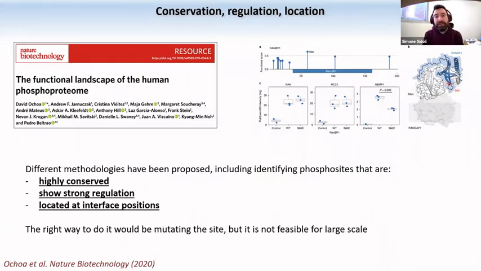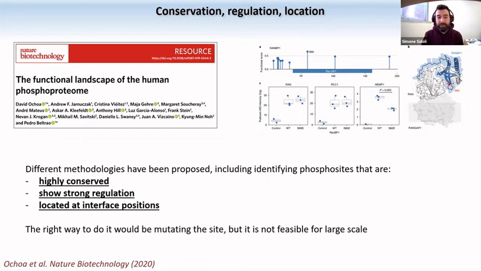It's obviously a little bit arbitrary how you rank phosphorylations that are more likely to have a function, but these are some of the parameters they used to tell which modifications are probably more interesting.